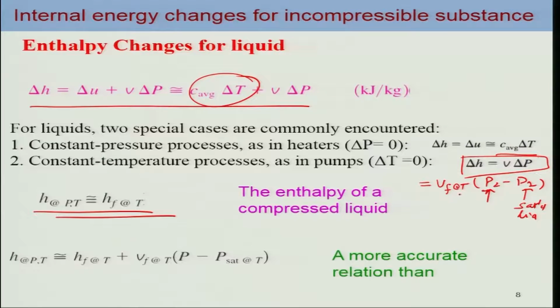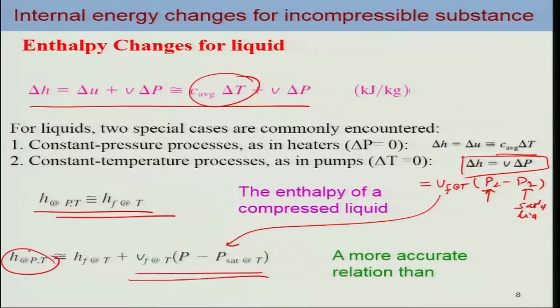So state 1 is at P1, or saturated condition. You can plug this in to obtain your H at a specific P. This is nothing but H2 minus H1, where H1 is your saturated liquid value and H2 is your specific compressed liquid.